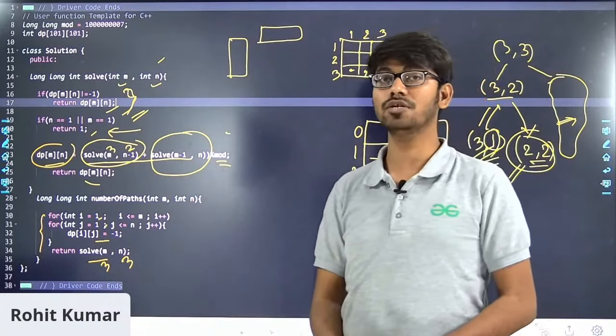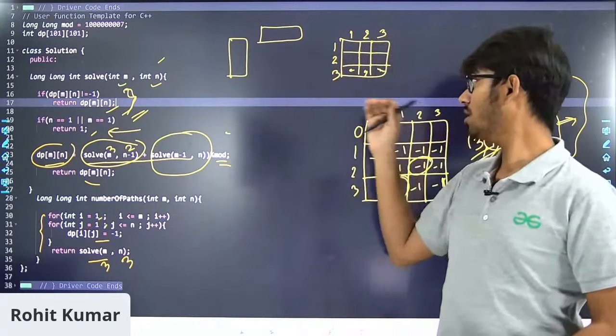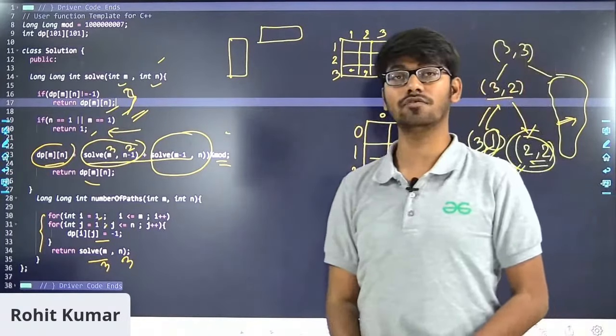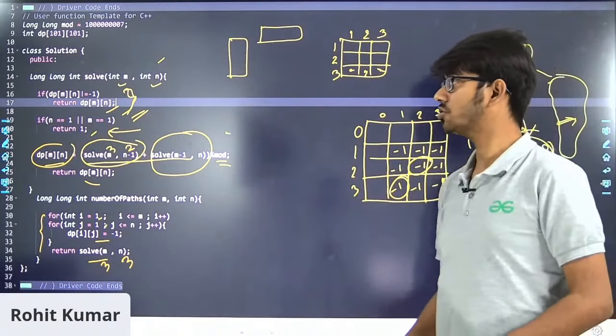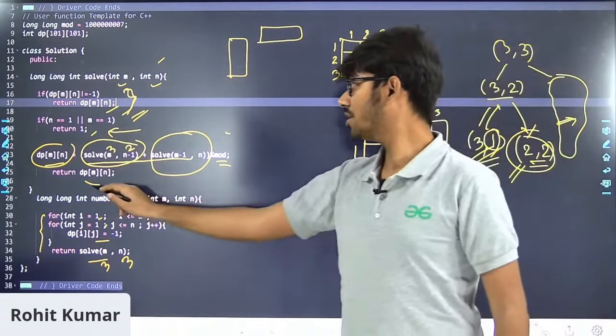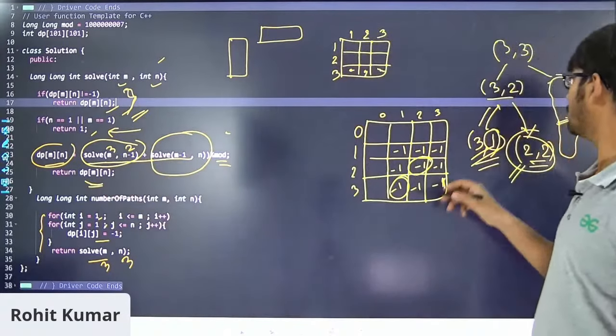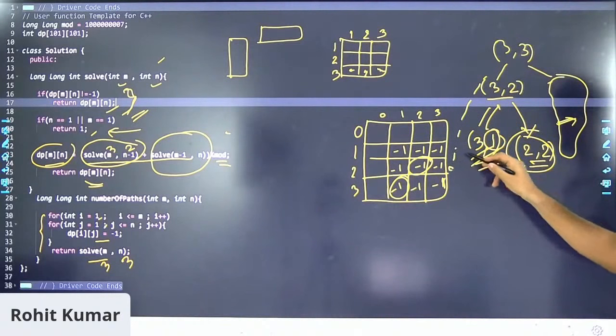I drew the full recursive tree and showed how we were calling with the help of each cell in our grid. I hope the code is making sense to you. And finally, we are returning dp m comma n. So if you know how recursion works, this will go to this part of the tree.